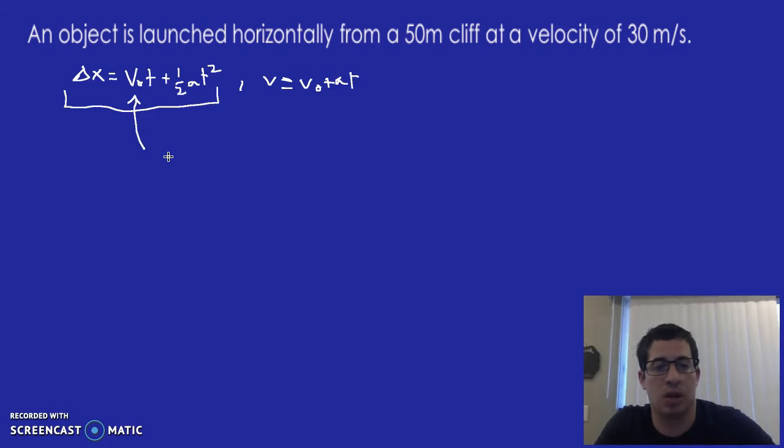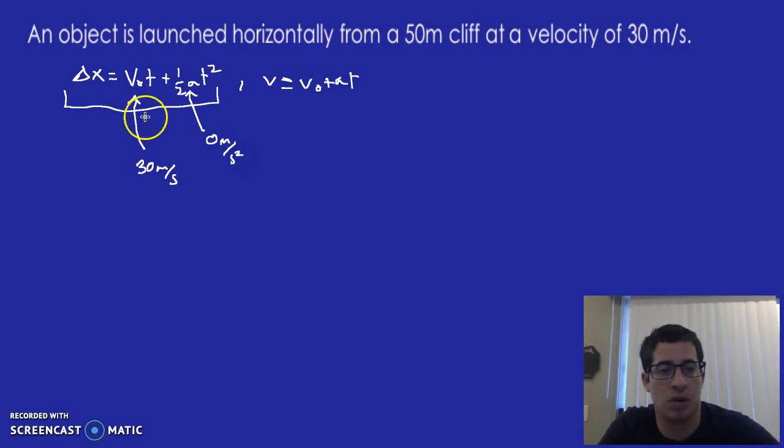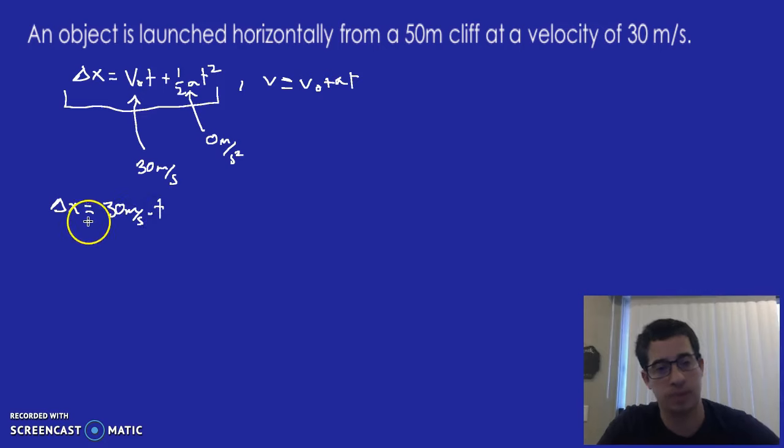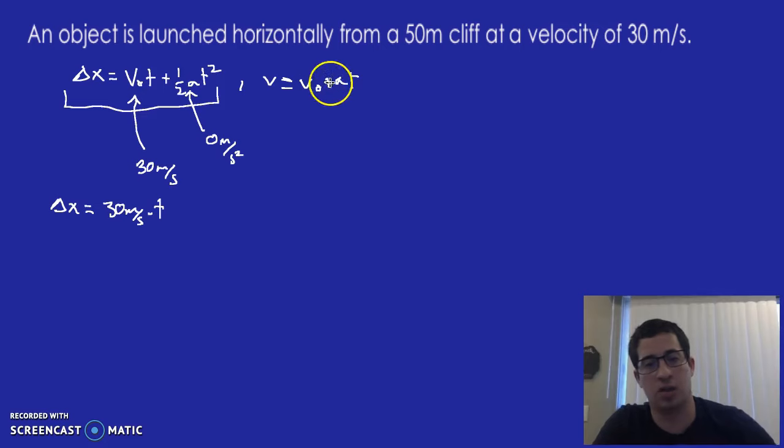It was 30 meters per second. And then our acceleration, since it's horizontal, is equal to 0. So we get an equation for displacement. Horizontal displacement is going to be equal to 30 meters per second times t.